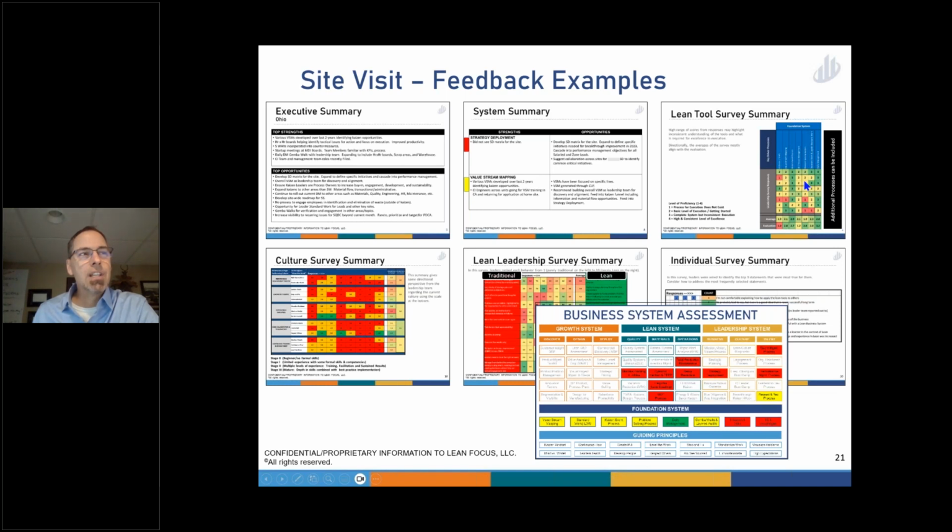You can see some rate them fairly high, some fairly low, and the variation that you see in the ratings across each one. This first one is around waste elimination and different perspectives on how well we're managing and driving waste out of the organization. We look at an average of all the surveys that we got, and then we're able to compare that with our own evaluation.